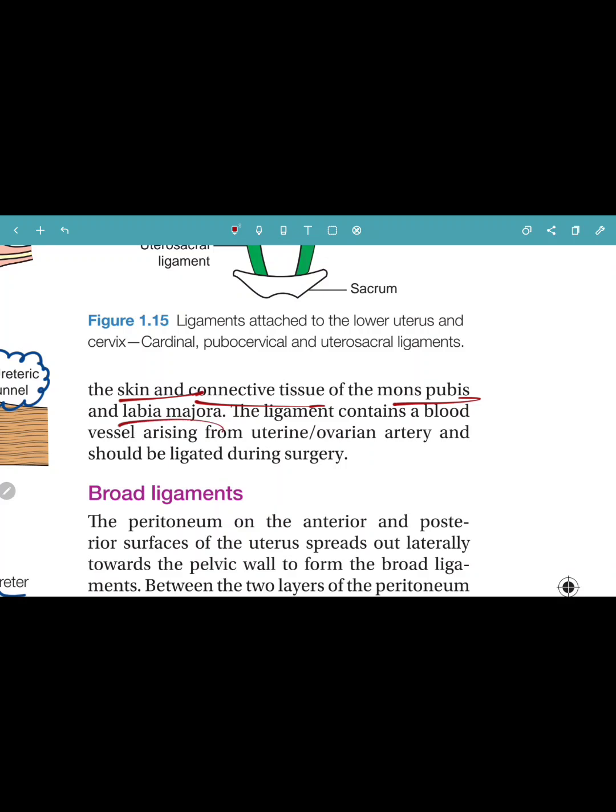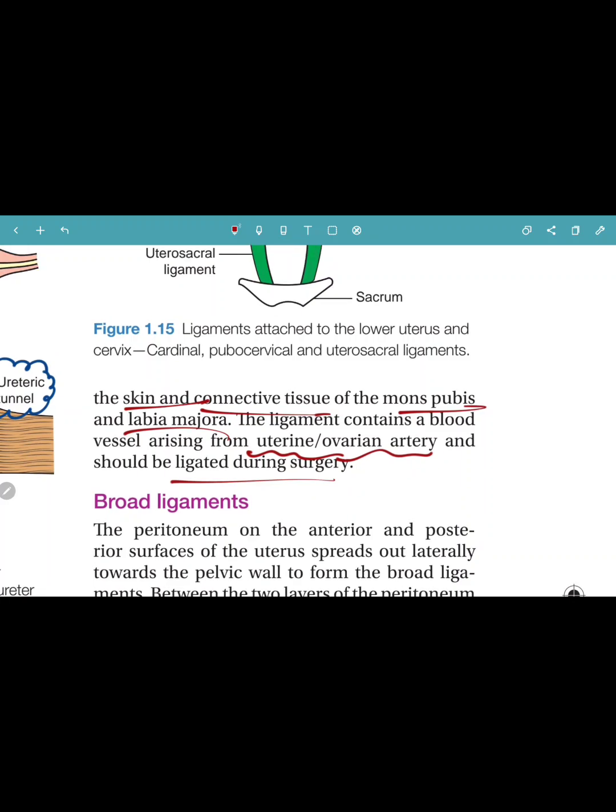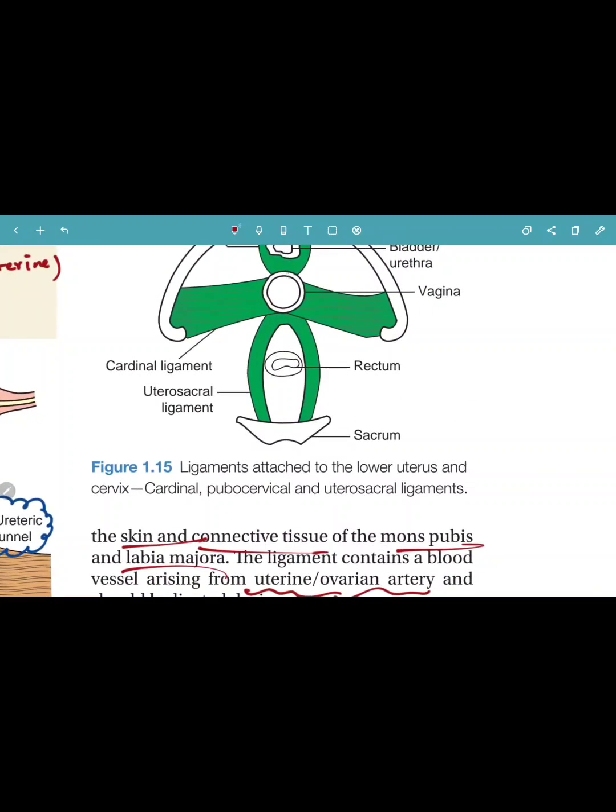The ligament contains a blood vessel arising from the uterine or ovarian artery, which should be ligated during surgery. So these are the ligaments attached to the lower uterus and the cervix.